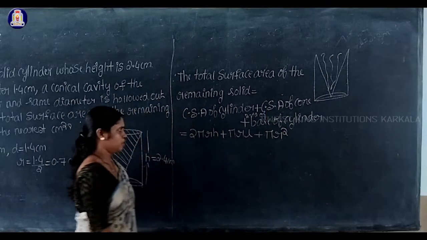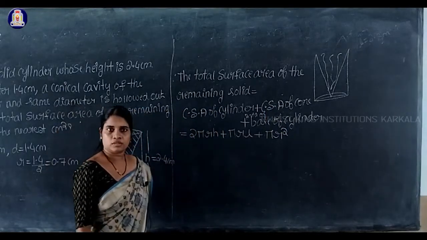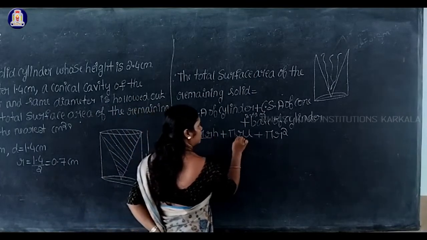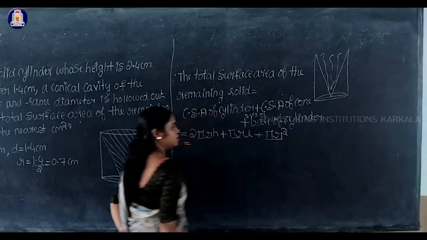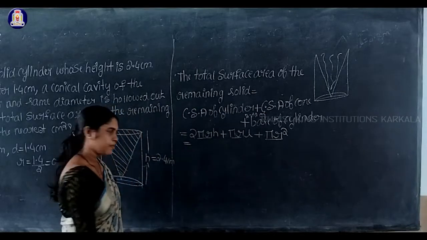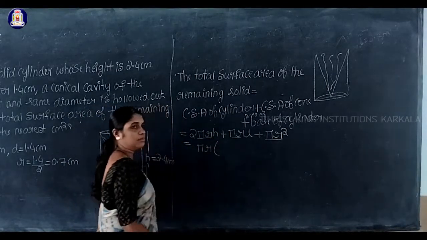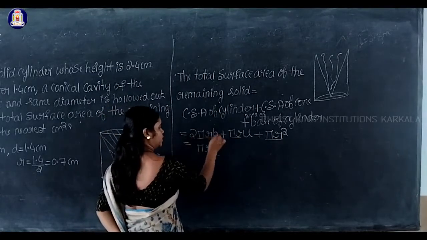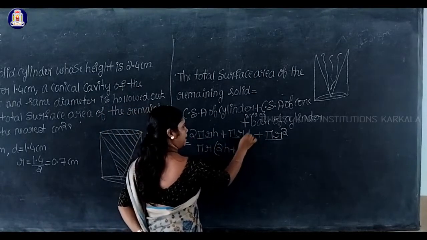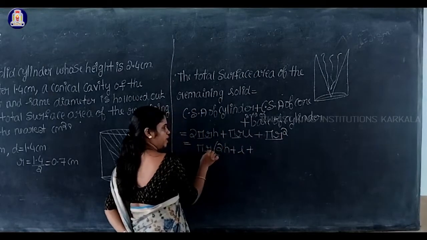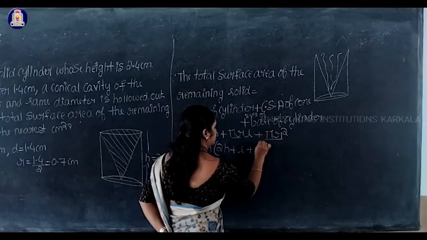Now I'll take common factors. Pi r is the common term. Then the remaining terms are 2h plus l plus r, since from r square, one r is outside and one more r remained here.